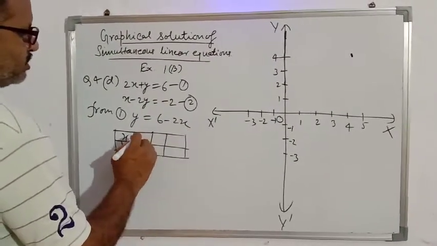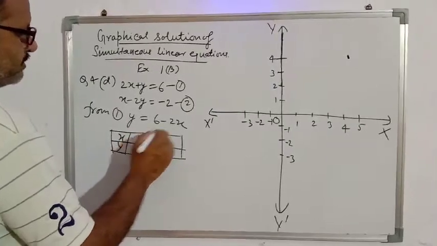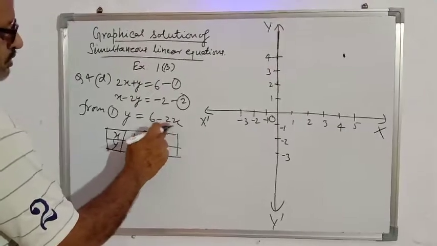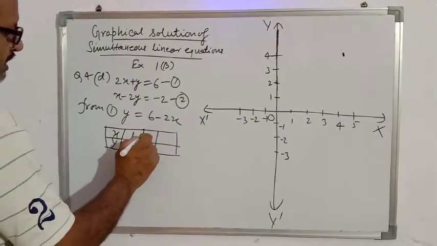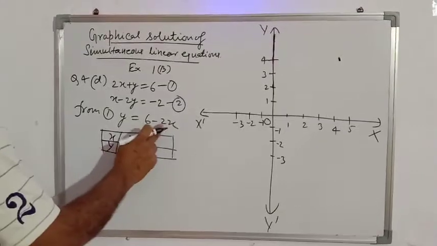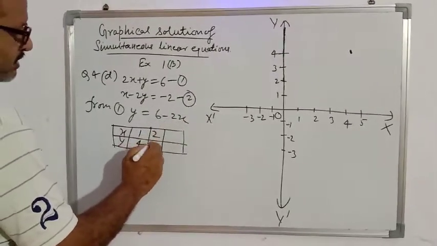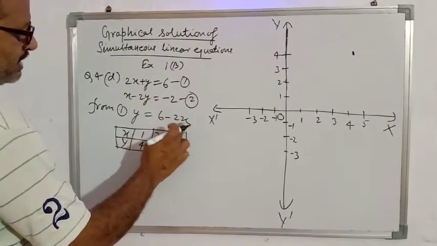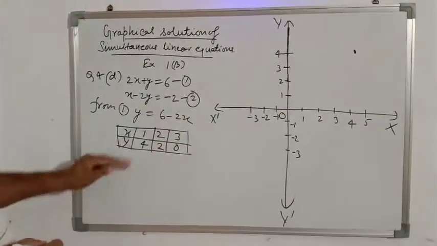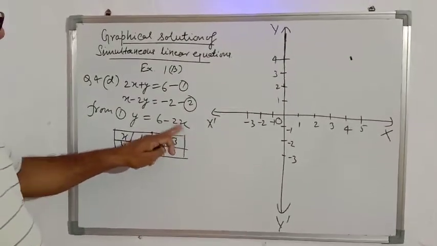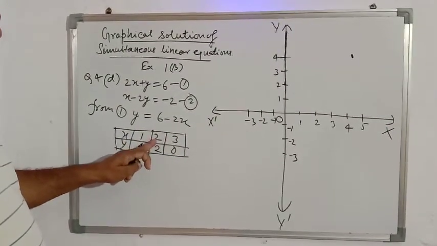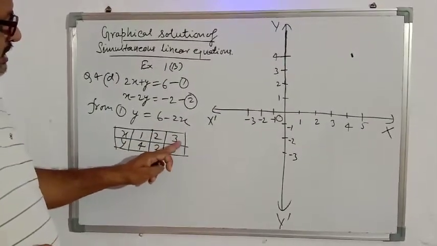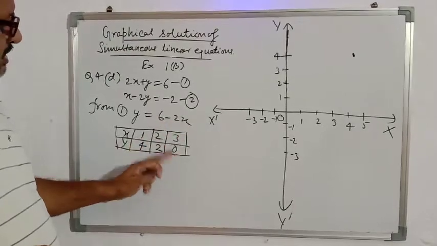If x is equal to 1, what will y be? 6 minus 2 into 1, 2 into 1 is 2, 6 minus 2 is 4. When x is equal to 2, 2 into 2 is 4, 6 minus 4 is 2. When x is equal to 3, 3 into 2 is 6, 6 minus 6 is 0.